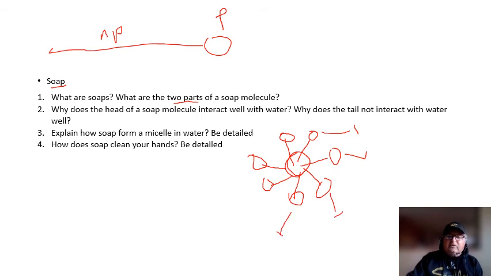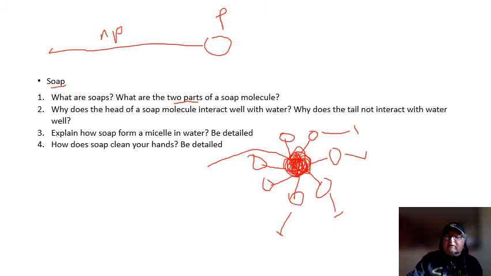Okay, how does soap clean your hands? Be detailed. Well, when you wash your hands, the oils on your hands get trapped inside the center, the nonpolar part, because the oils on your hand are nonpolar. Nonpolar interacts with nonpolar, so the nonpolar gets stuck inside the middle.